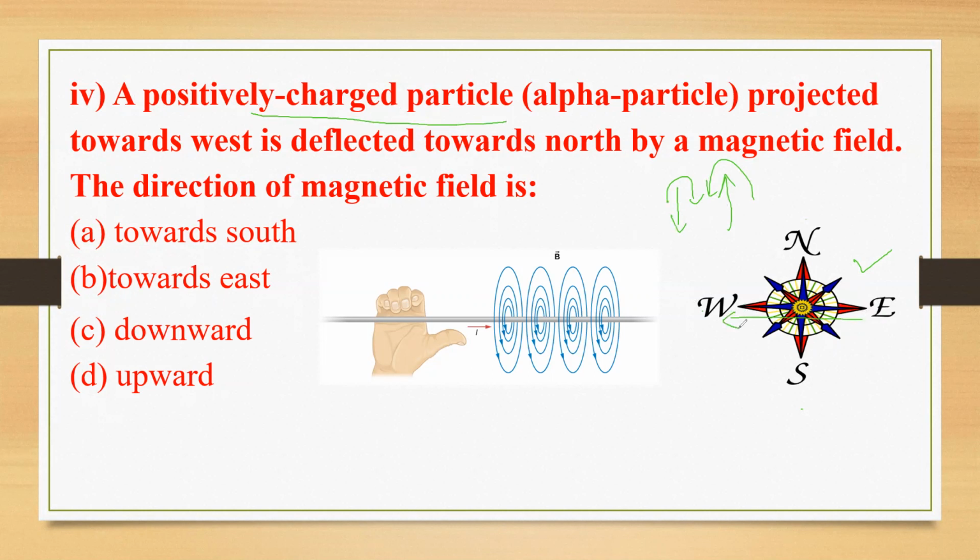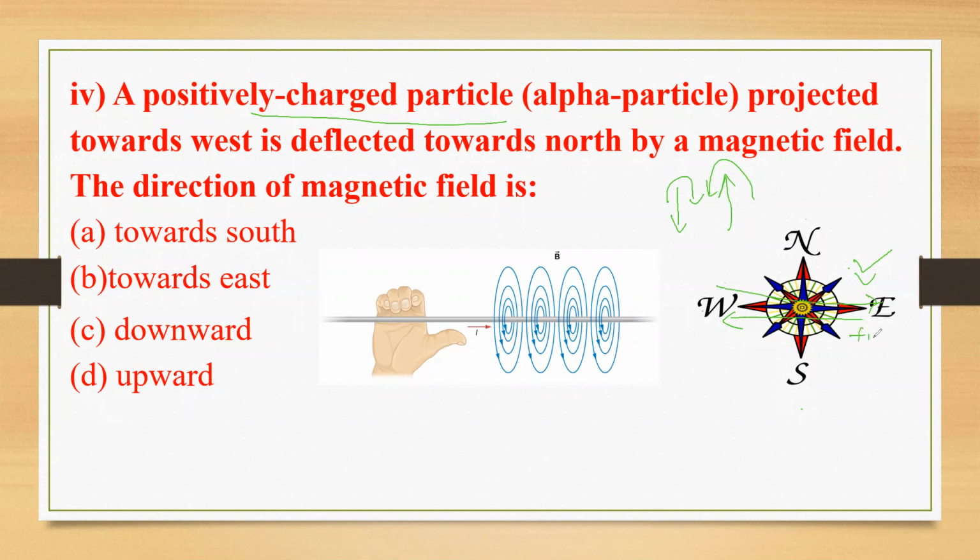If the positive charge is moving this side, in the sense electrons will move from the opposite direction. So the current goes from positive to negative, in this direction. So the flow of current is in which direction? West to east. This is the direction of the current.